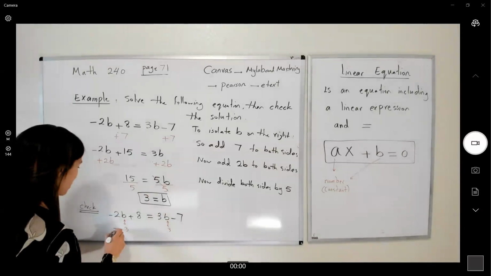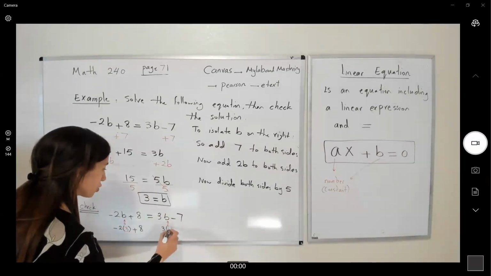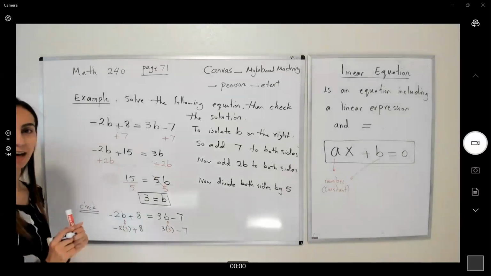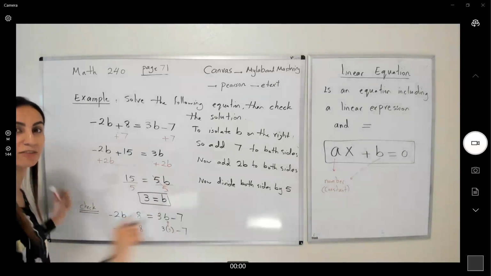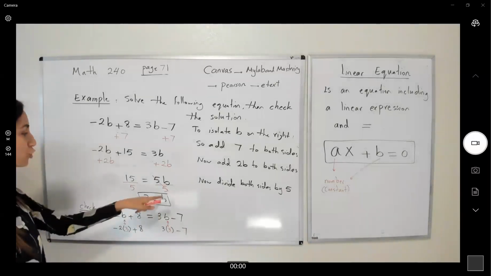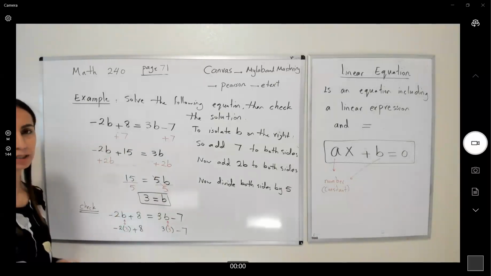I have minus 2 times 3 plus 8. I have 3 times 3 minus 7. We have to calculate both sides and check to see if we have the exact same number on the left and on the right. Then for sure we can say that b equals 3 is the solution for this linear equation.